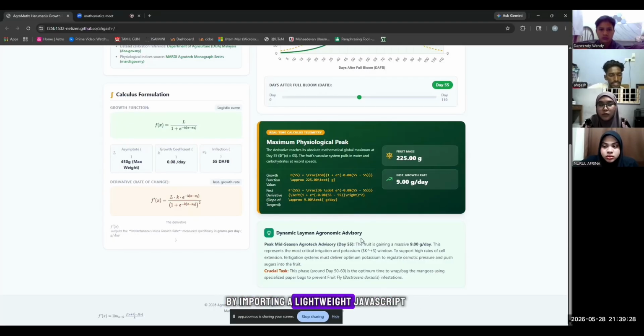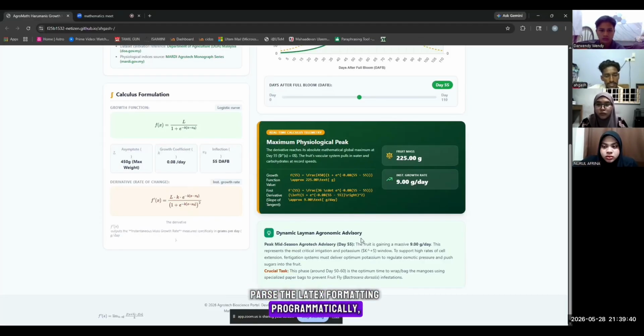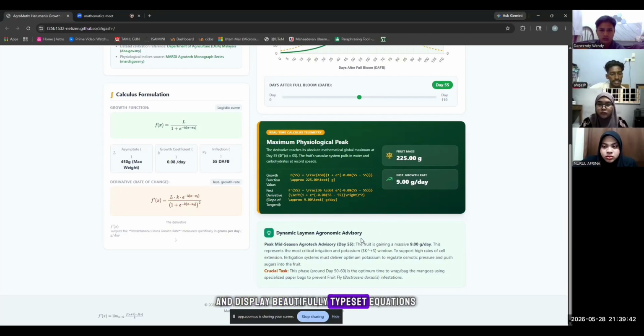By importing a lightweight JavaScript mathematics engine via a CDN, we could dynamically interpret the variable values from our slider, trace the LaTeX formatting programmatically, and display beautiful typeset equations in the real-time card without slowing down the DOM rendering.